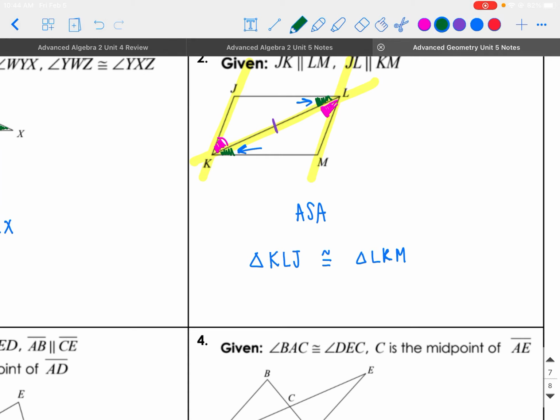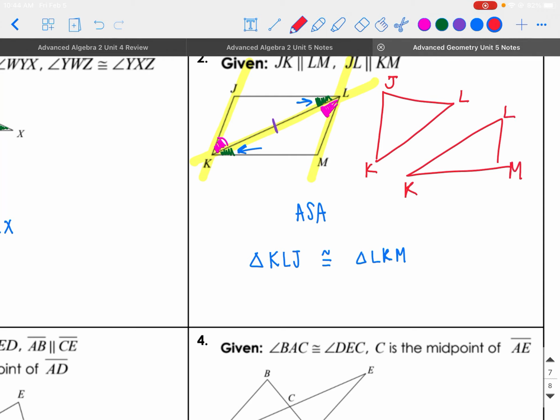It also might help to kind of, that is terribly drawn, but you get the point. Sometimes it does help to draw them out separately to see which ones match up.